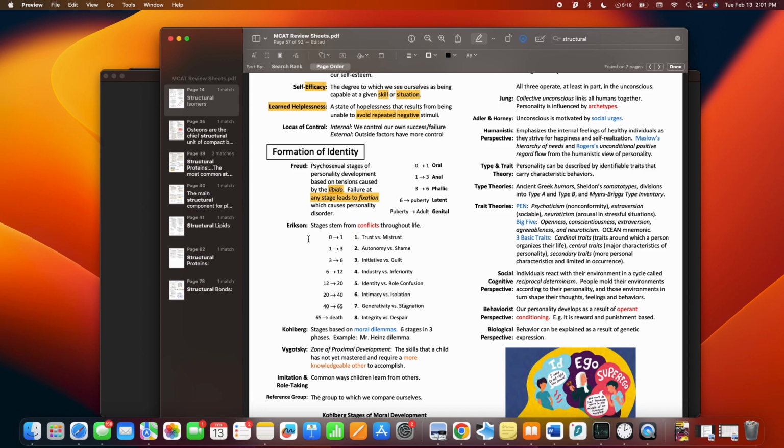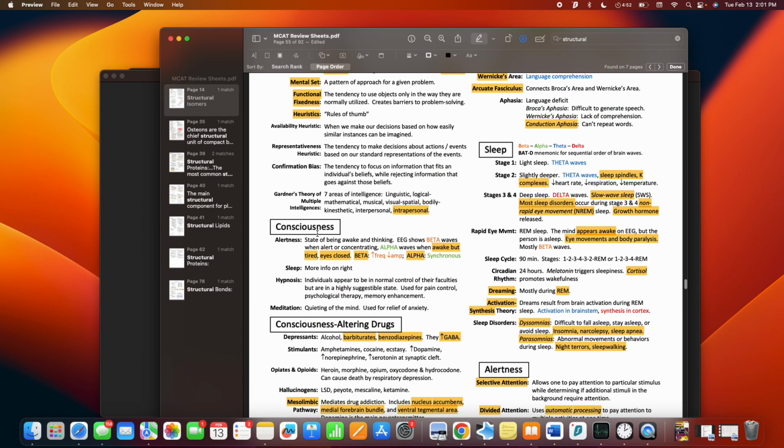We also had sensorimotor, preoperational, concrete operational, and formal operational. What was the name of the scientist? I forgot, but we can go back to that. Let's just do it here.